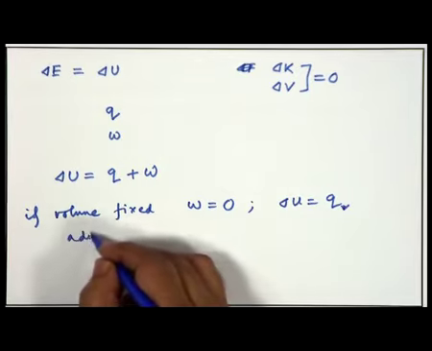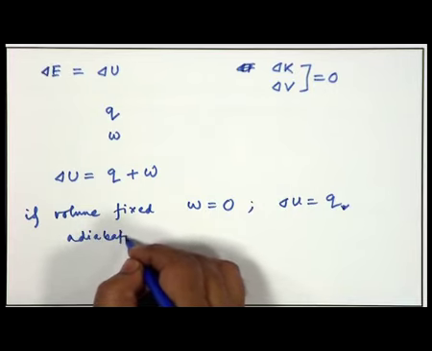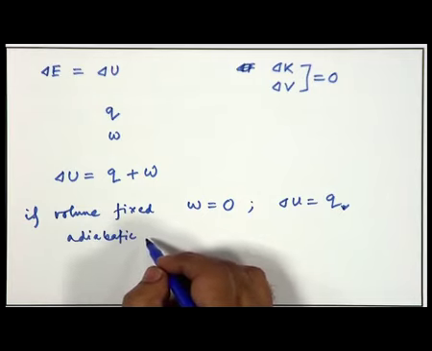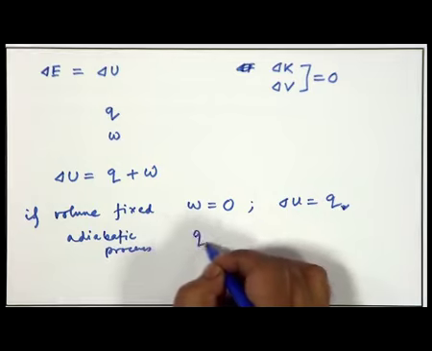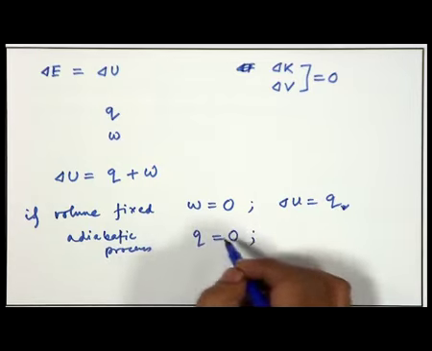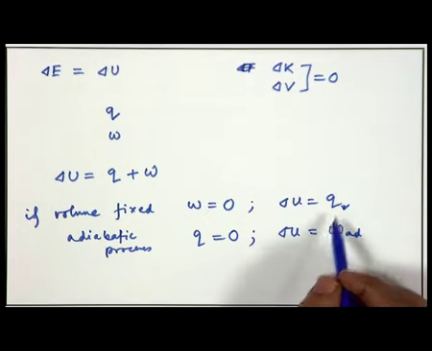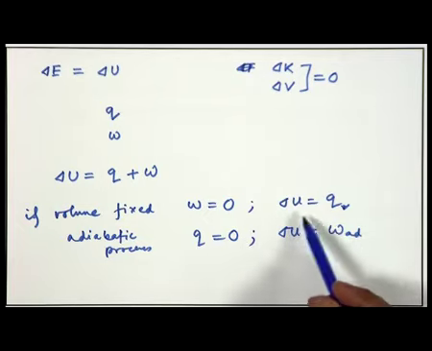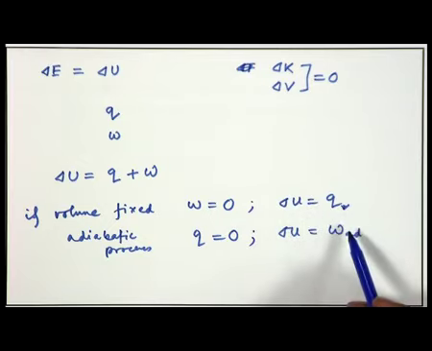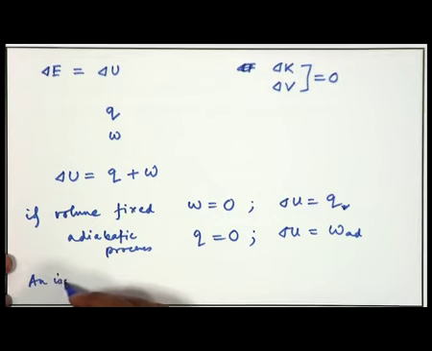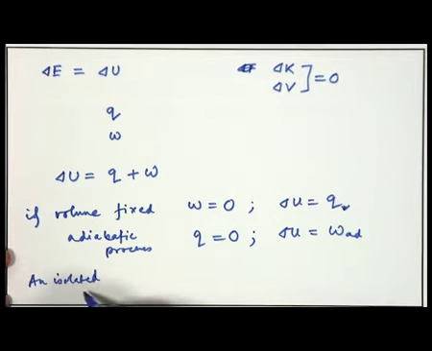And if we are talking about an adiabatic process, a process which is happening in a system which is surrounded by adiabatic wall, in this case there is no heat exchange between system and surroundings, in which case del U would be W. Now, if there is no exchange of heat and no exchange of work between a system and surroundings, which happens in an isolated system, as you remember, we described that it is surrounded by rigid wall, which means no change in volume, no work, W is 0, and it is surrounded by an adiabatic wall.